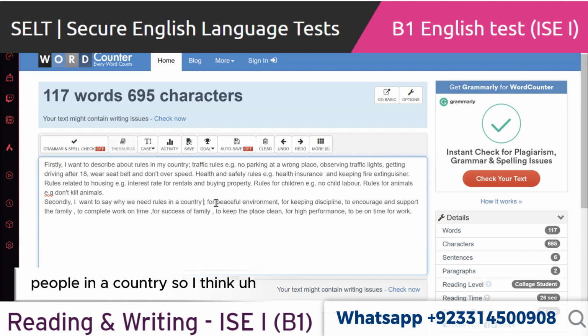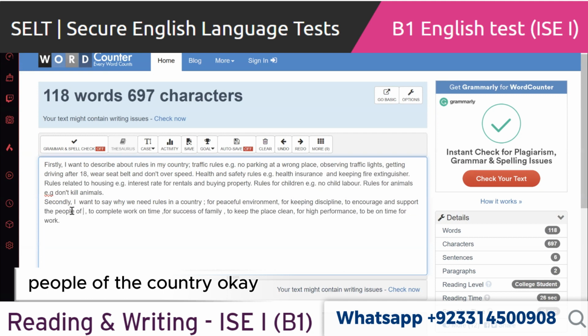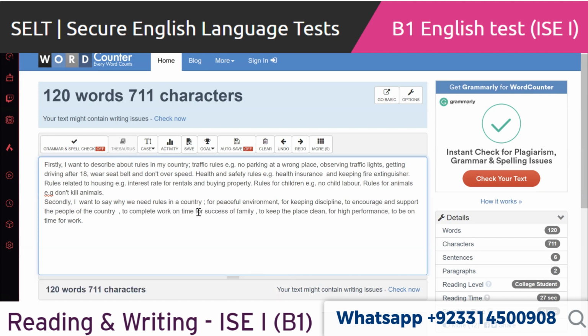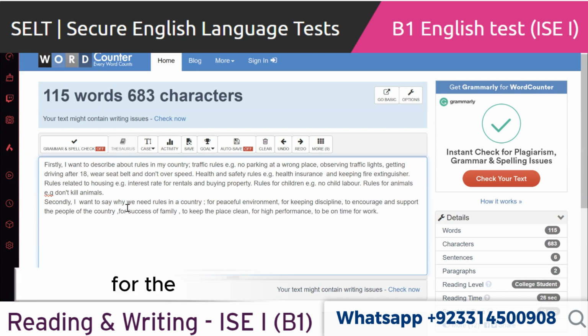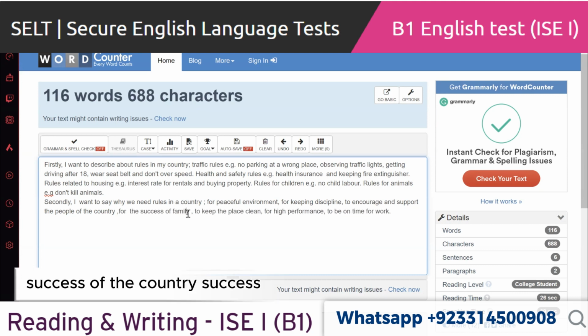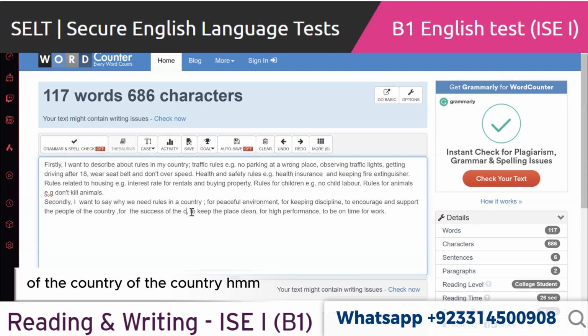I think for a peaceful environment, for keeping discipline, to encourage and support the people of the country, for the success of the country.